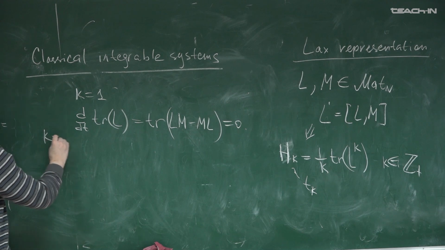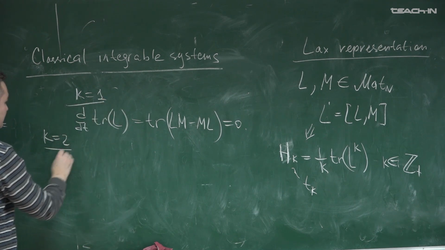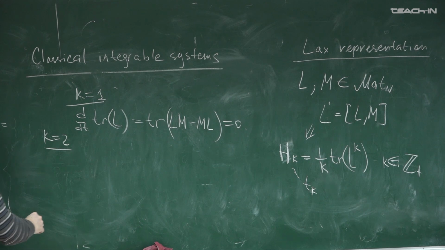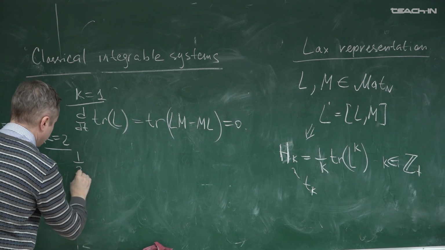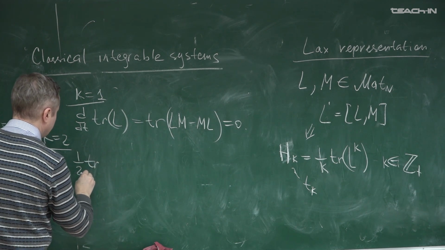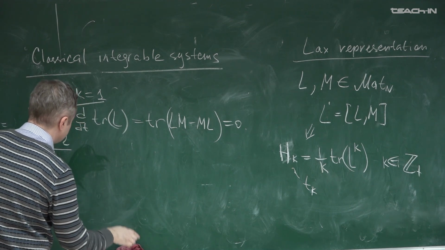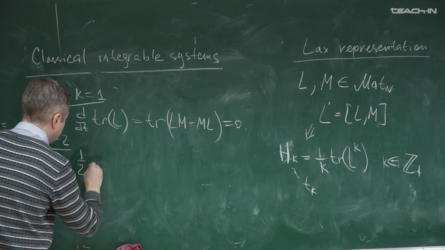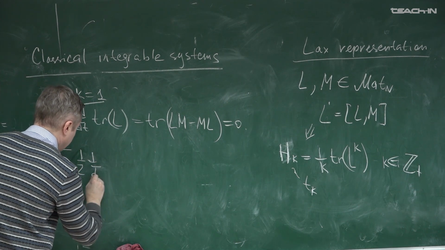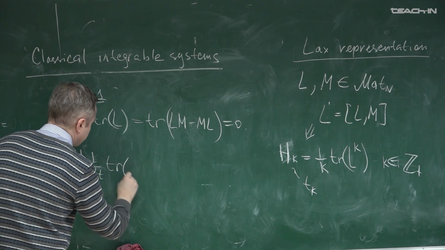Next case is k equals 2. Now we have 1/2 time derivative of trace of L squared.